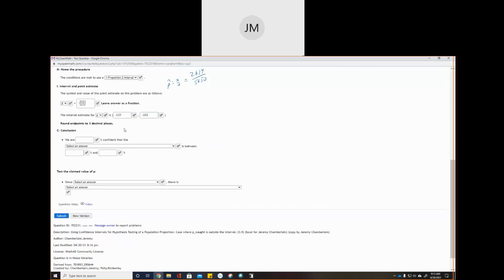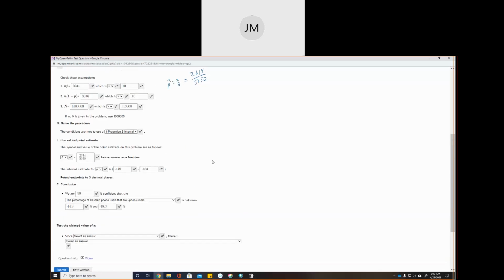So now our conclusion: we are 99% confident that our population proportion P is in this interval. Remember that's the percentage of all smartphone users that are iPhone users. So we're 99% confident that the percentage of all smartphone users that are iPhone users is between 44.9% and 48.3%.